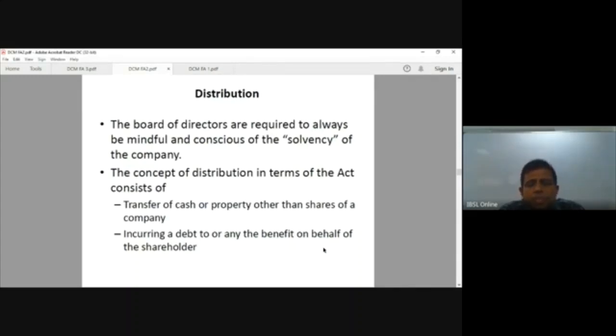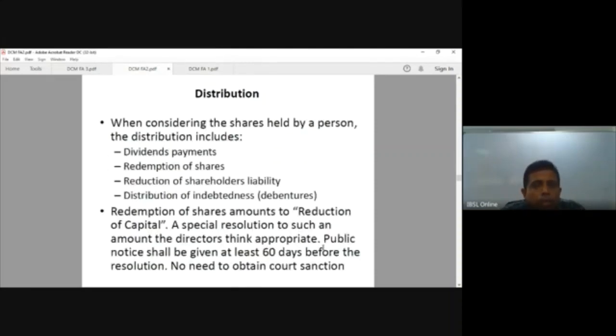The concept of distribution in terms of the act consists of transfer of cash or property other than shares of a company, incurring a debt to, or any benefit on behalf of the shareholder, right? These are the things that we can consider as distributions.